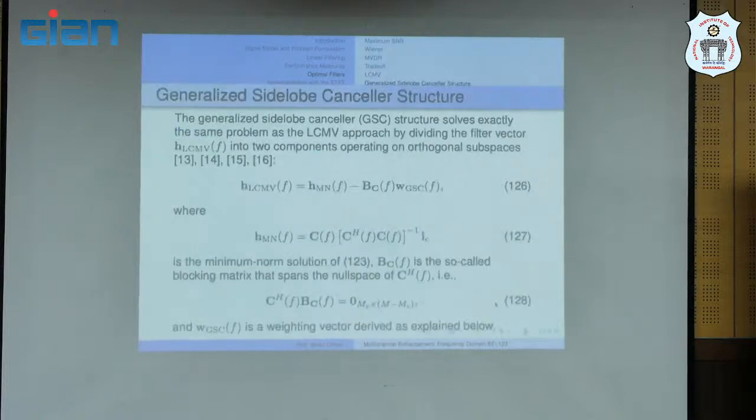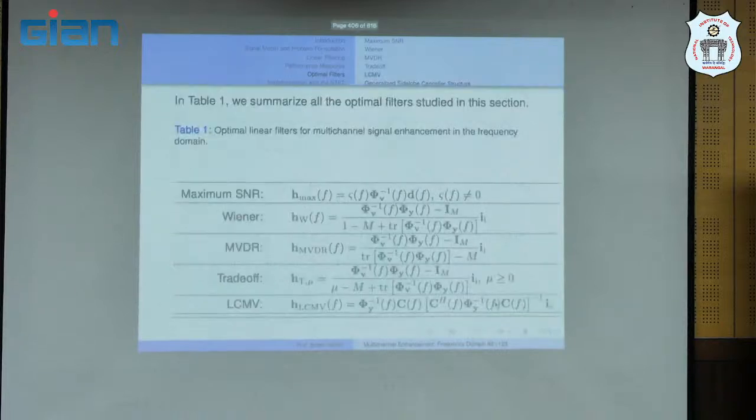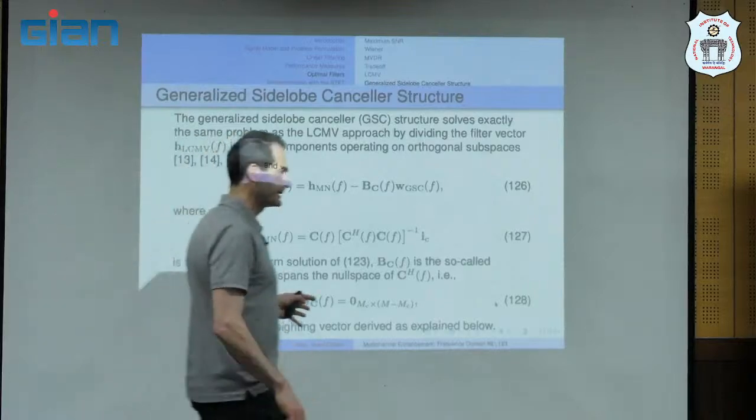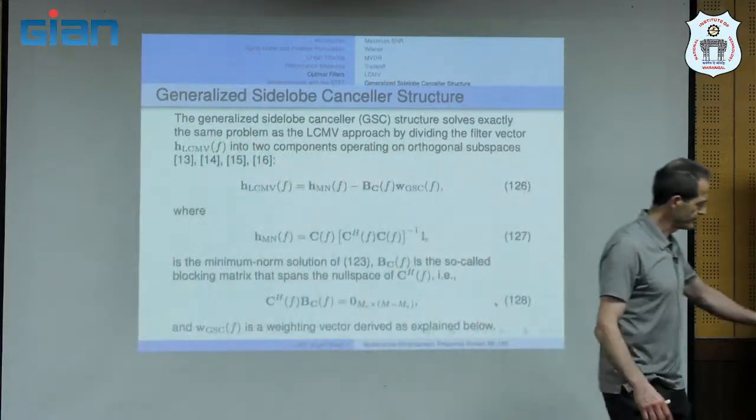So this part will take more time, so I will talk about it tomorrow. I will skip it for now, but I want you to understand, because the generalized sidelobe canceller is very important, and it's a different implementation of the LCMV.